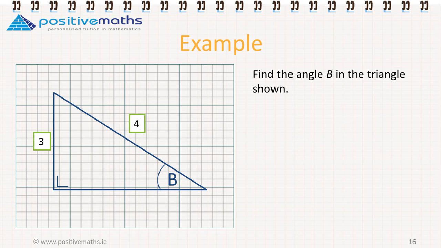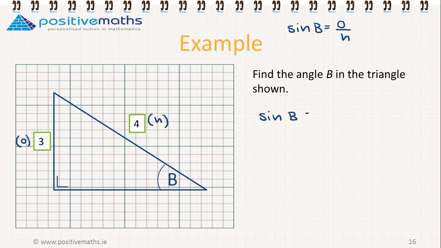Let's do another example. In this question, we want to find the angle B. First thing, again, that I do is label the sides. So in relation to B, this is the opposite, and 4 is our hypotenuse. So if I'm dealing with opposite and hypotenuse, I know I'm going to be working with sine. So now I fill in the values that I have.